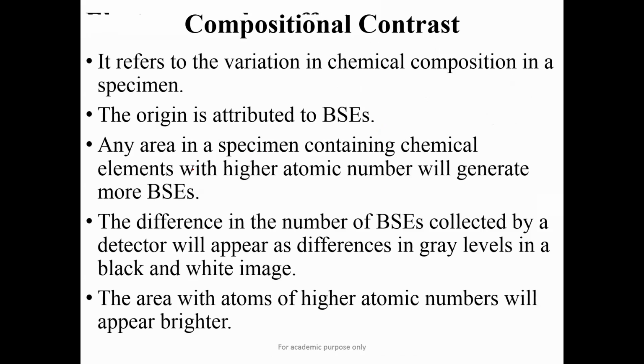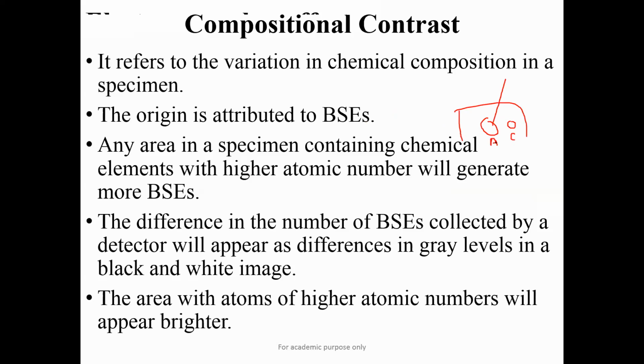Now the compositional contrast. In the beginning I mentioned there are two kinds of electrons: secondary electrons, which are inelastically scattered, and backscattered electrons, which are elastically scattered. Suppose you have some element in your sample and some electrons are being scattered from it. Let's say you have carbon, this is a carbon atom, and this is gold.